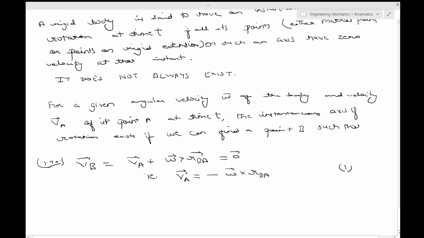There are many possibilities where the instantaneous axis of rotation will exist, and for that obviously this has to be satisfied. There are a few ways in which this can be satisfied. One is that VA dot omega is equal to minus omega cross R BA dot omega, and this is equal to 0. Then a solution exists.